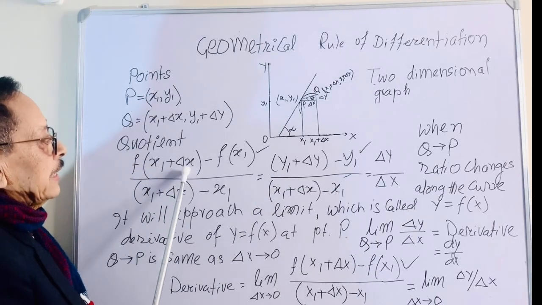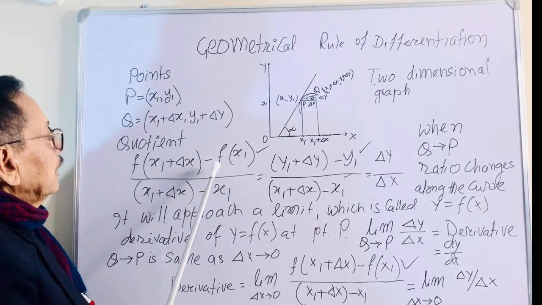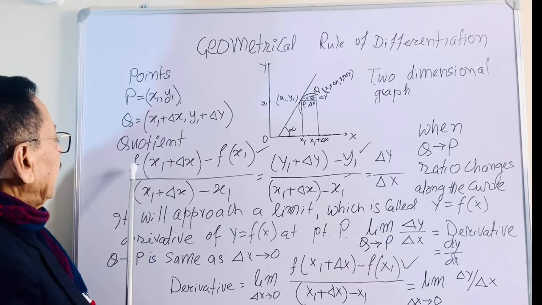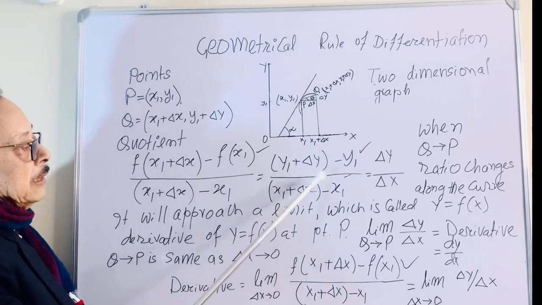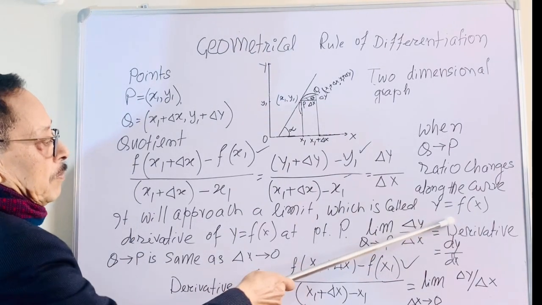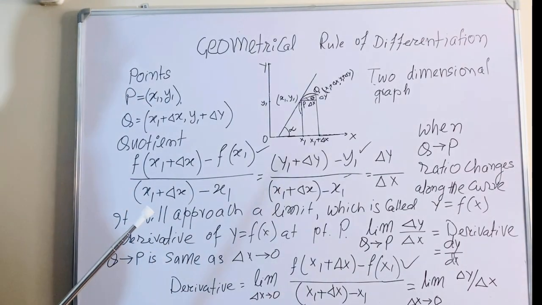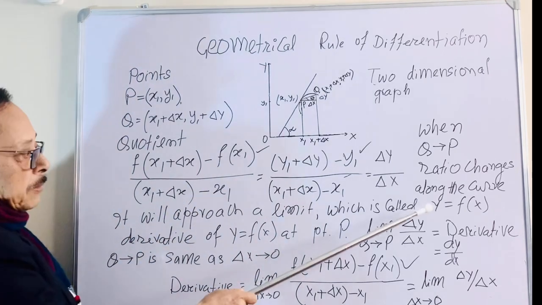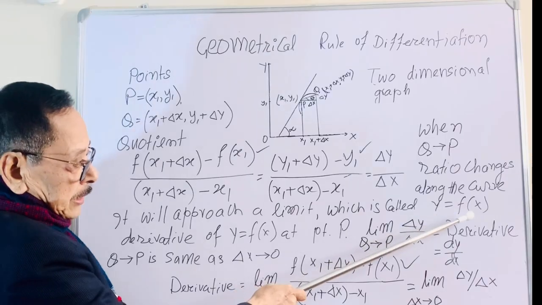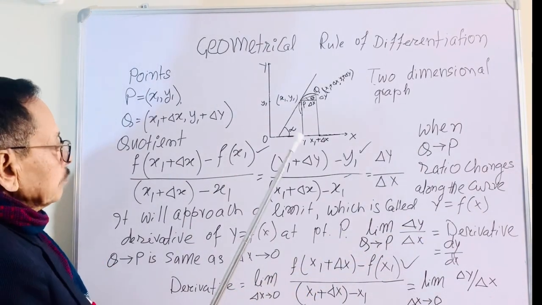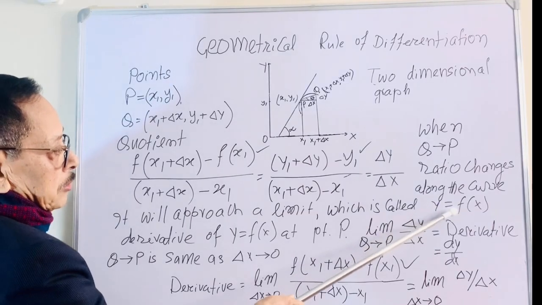For f(x1) we can write y1, because y is the dependent variable and x is the independent variable, y is equal to f(x).